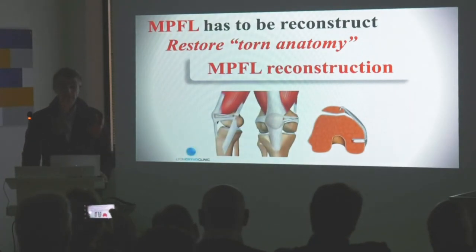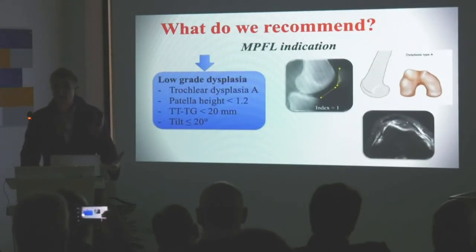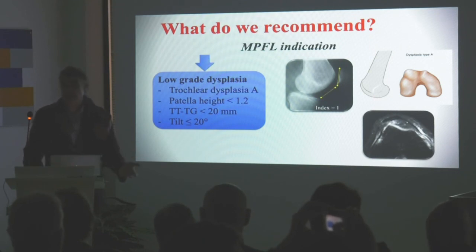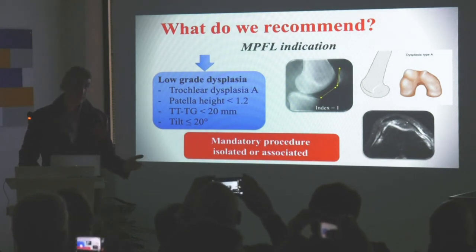Then, about MPFL. Yes, you have to reconstruct the MPFL every time, because every time the MPFL is torn. So this is mandatory to do it. The best indication for an MPFL is a low-grade trochlear dysplasia, small trochlear dysplasia, no patella alta, no excessive TTTG. This is the best indication for an MPFL, but I will associate an MPFL to any procedure I do.